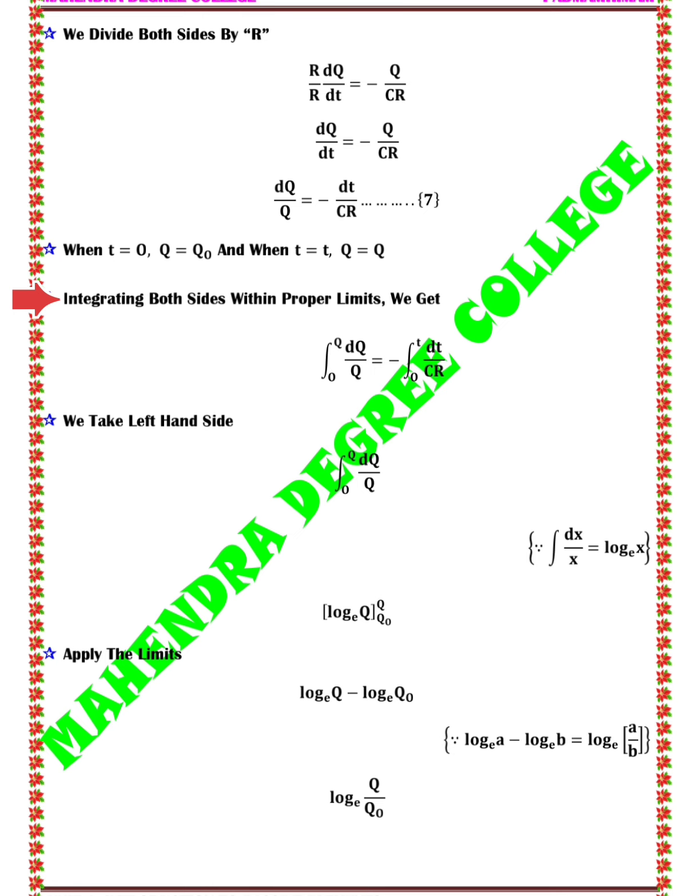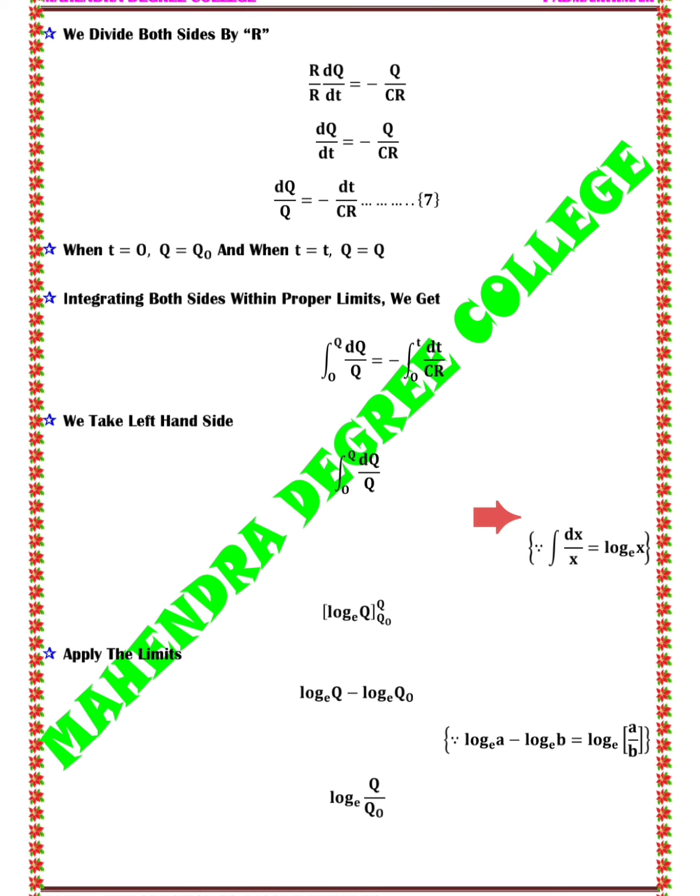From equation number 7, integrating the equation within proper limits, we get integral q naught to q dq by q equals minus integral 0 to t dt by CR. Solve the integrals first. We take the left hand side, integral q naught to q dq by q.